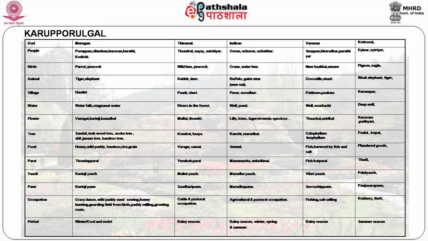Parai is to do with their music, yaazh again is music, pann is again music, their occupation, the period. These 14 items I have given here are repeated in all the 5 gardens, that is the 5 types of landform: Kurunji, Mullai, Marudam, Neidal and Palai. So that is the chart given here.